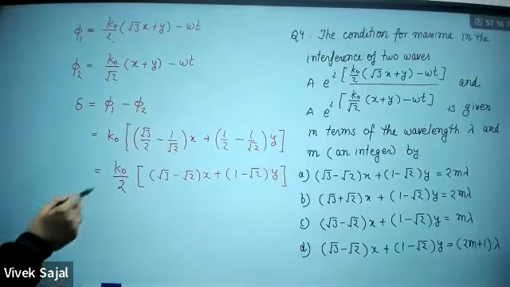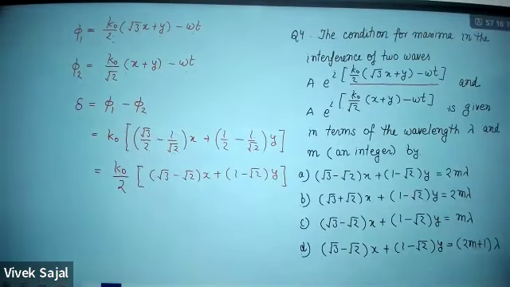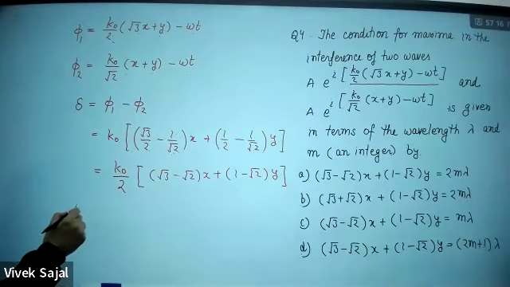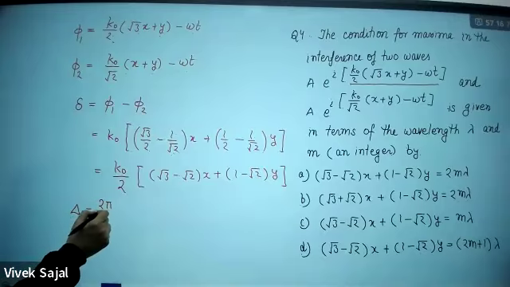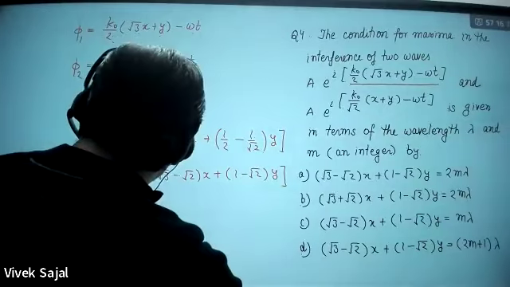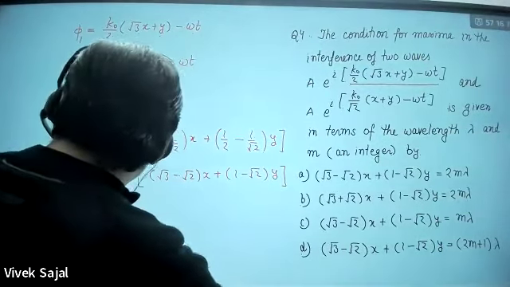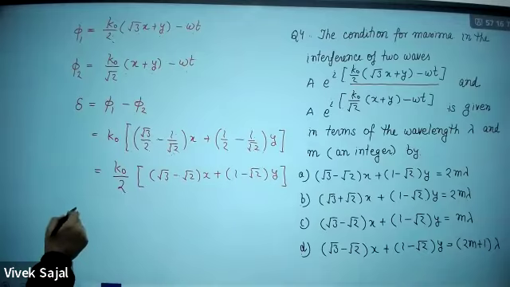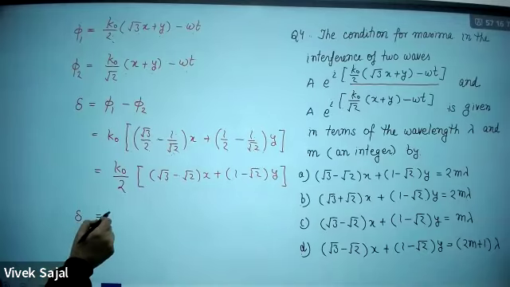This is phase difference. And if I want to find out path difference, that will be 2 pi by lambda into delta. ठीक है ना? So, sorry, I wrote it the other way round. Please correct it. Phase difference is equal to 2 pi by lambda into path difference.